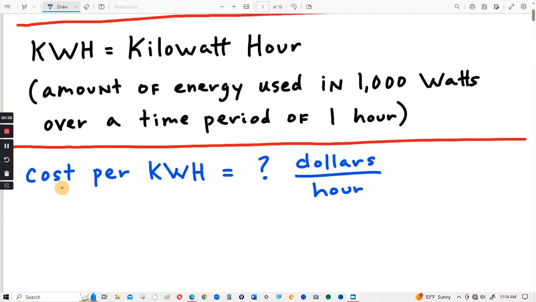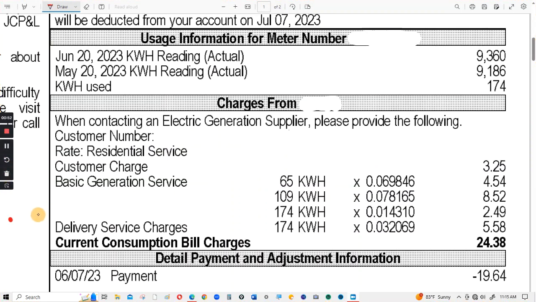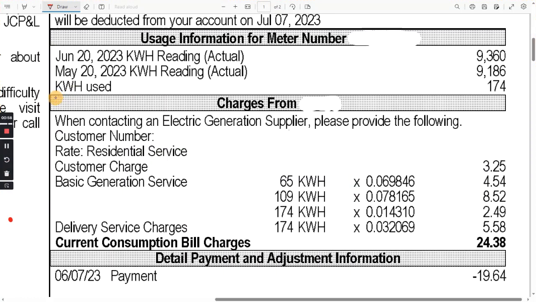So first we're going to calculate the cost per kilowatt hour. So the units on that number will be in dollars per hour. Alright, so here's an example of an electric bill. And right here in this row we have the number of kilowatt hours used.